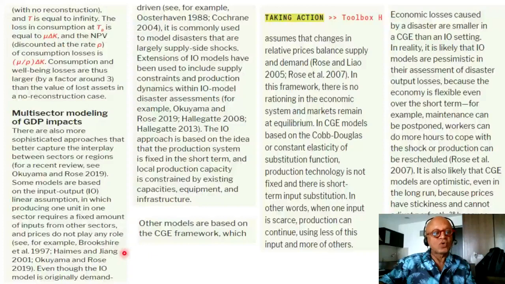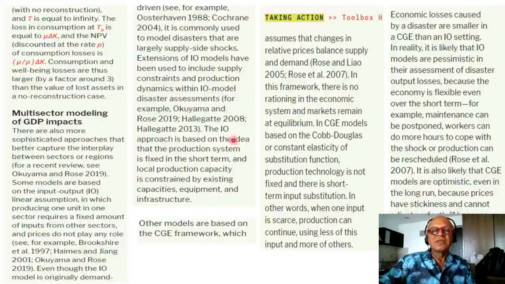Even though the IO model is originally demand-driven, it's commonly used to model disasters that are largely supply-side shocks.